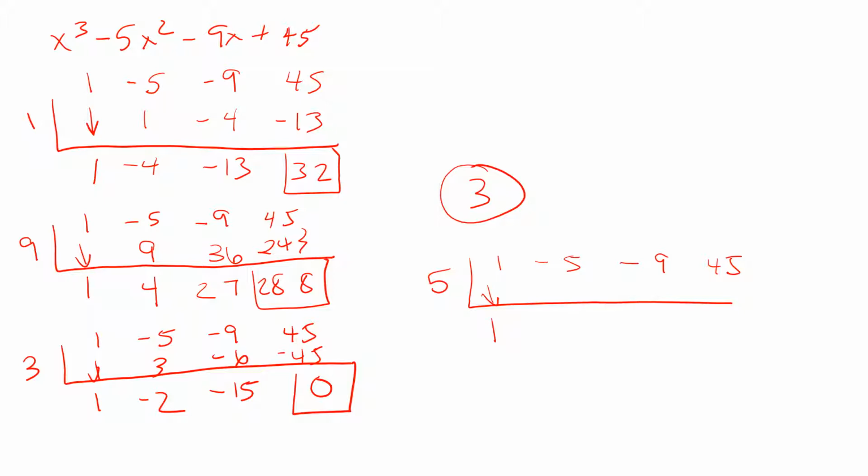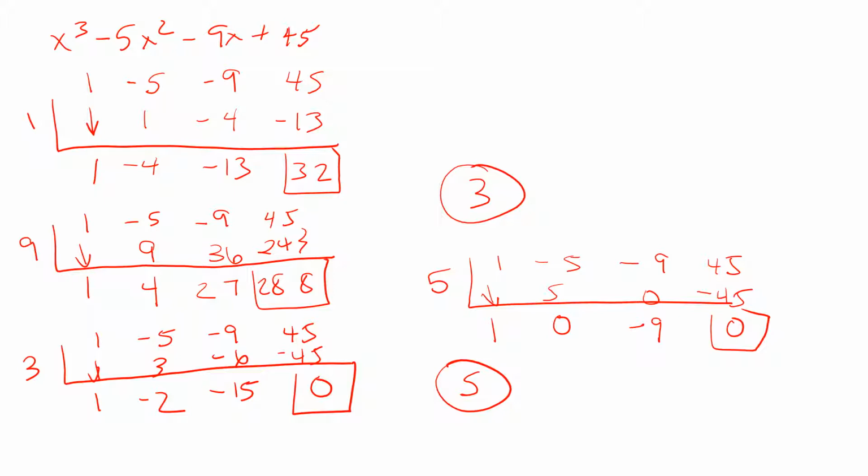I bring down 1, so 1 times 5 is 5. Add, here I get 0. 5 times 0 is 0. Add, I get negative 9. Multiply, 5 times negative 9 is negative 45. Add, I get 0. So there's another remainder of 0.